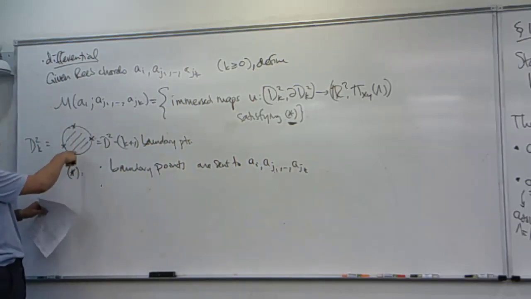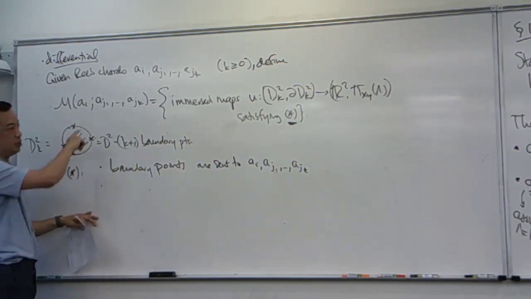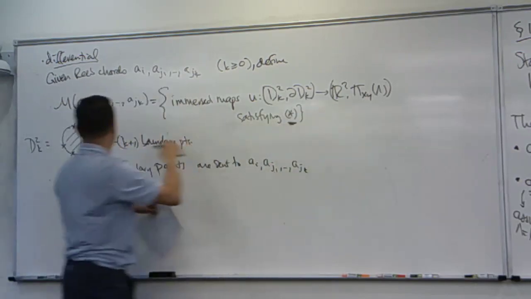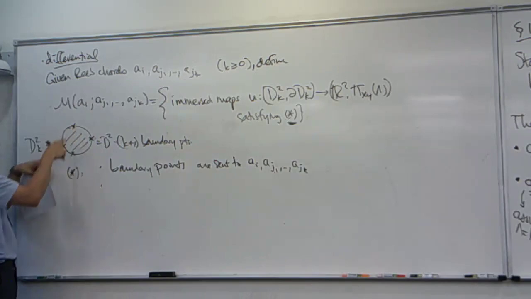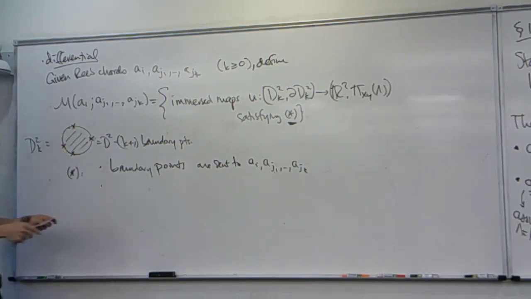That is to say, there's a way to continuously extend this to a map from the closed 2-disk into here, so that these things that I removed before are now being sent to A_I through A_J1 through A_JK.